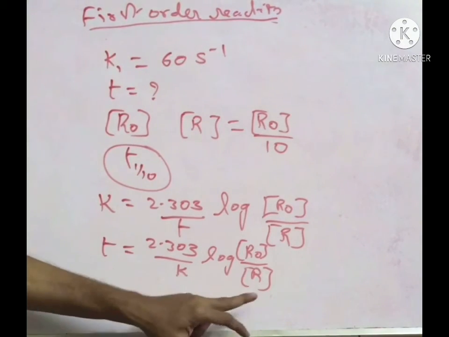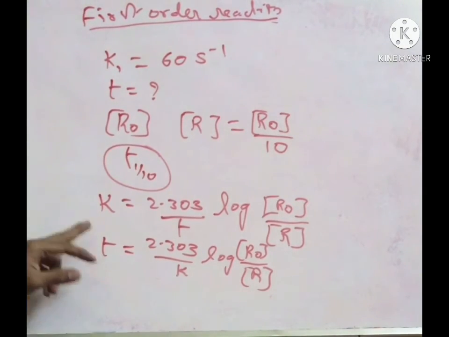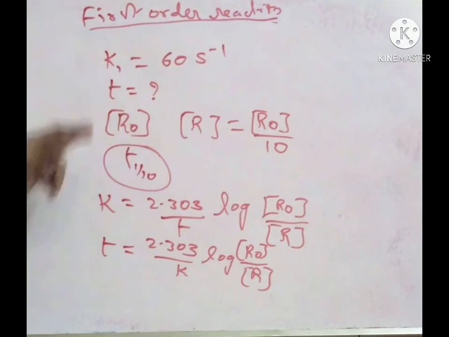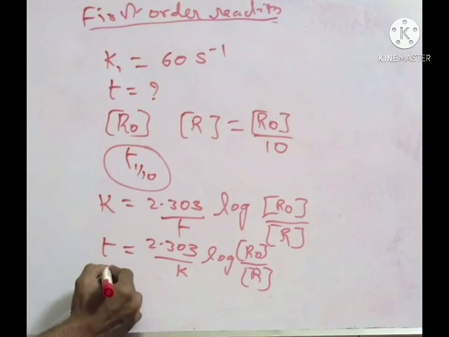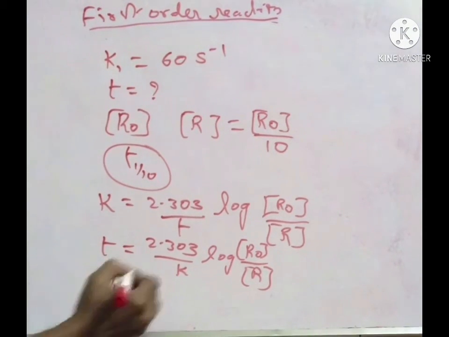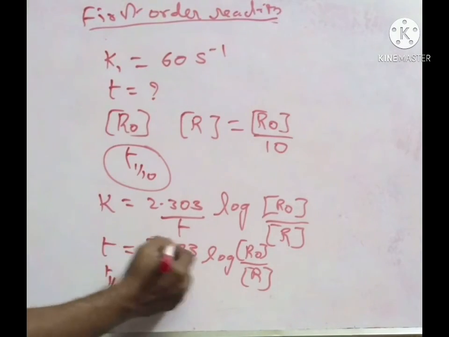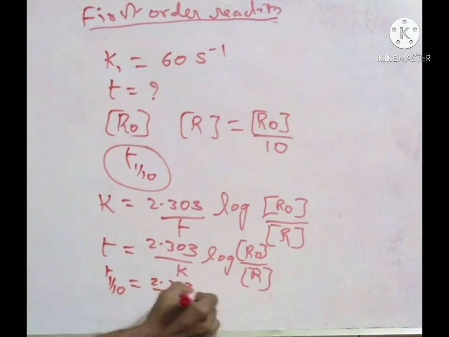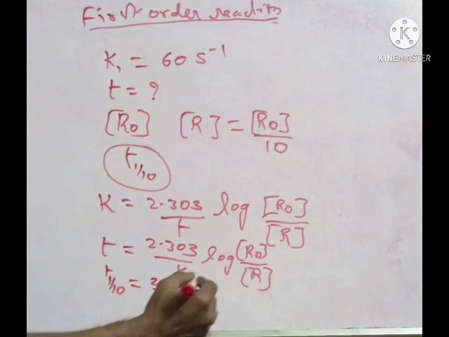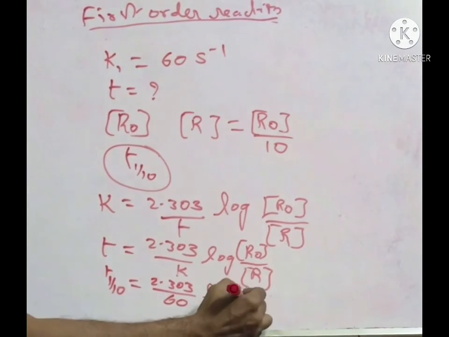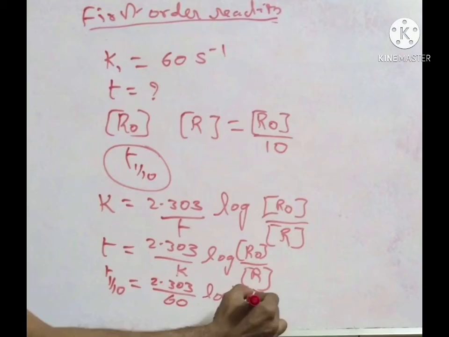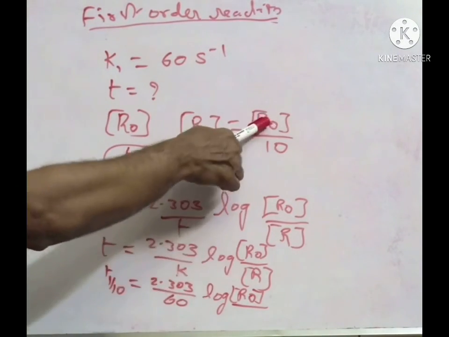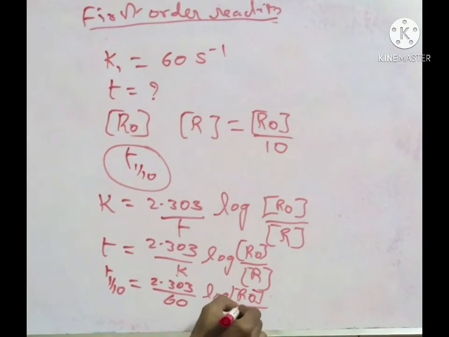R becomes R0 by 10 at the time required for us. So we will write T becomes T 1 by 10, for example. Then 2.303 by K value given 60, and log R0 by R. R will be R0 by 10, so 10 will go to the top.